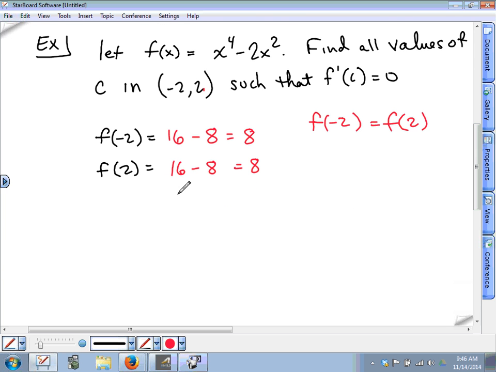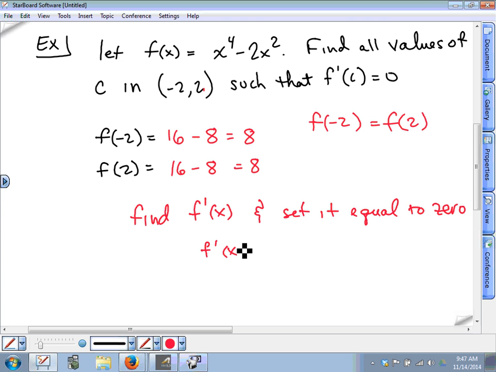So let's see. How do we find these? What did we do last time to find critical numbers? You have to find the derivative of the function, find f prime of x and set it equal to 0.